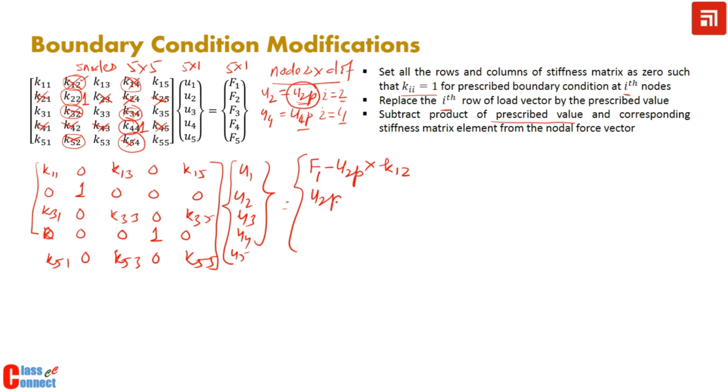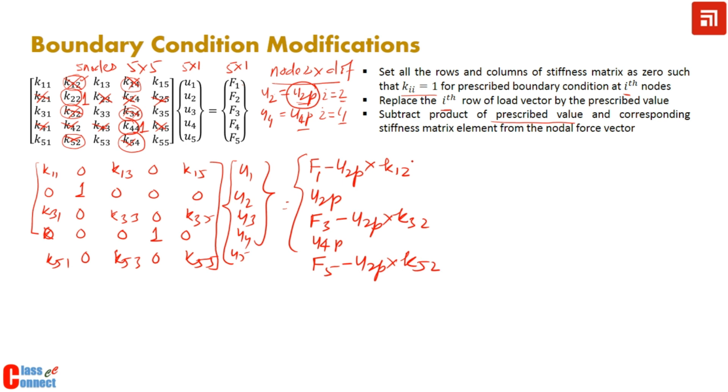Here it is U2P, here it is F3 minus U2P multiplied by K32, here it is U4P, and here it is F5 minus U2P multiplied by K52.